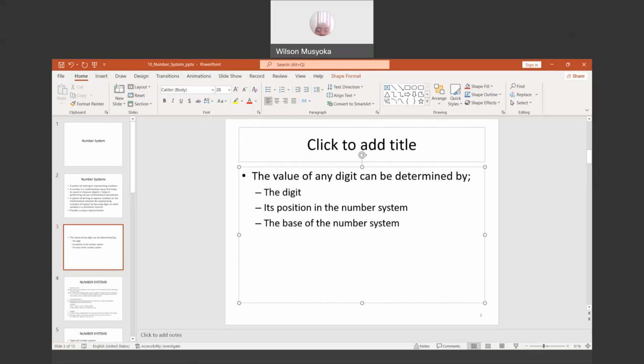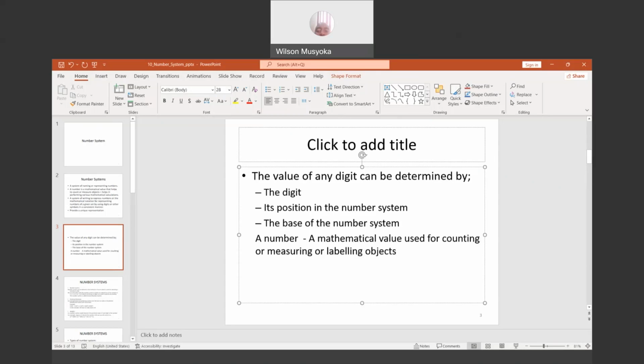And so the other thing we need to understand is what the number itself is. And we normally say a number is a mathematical value used for counting or measuring or labeling objects.